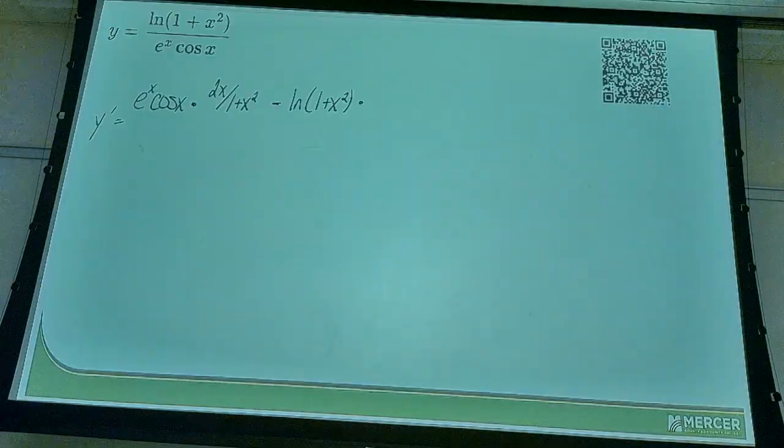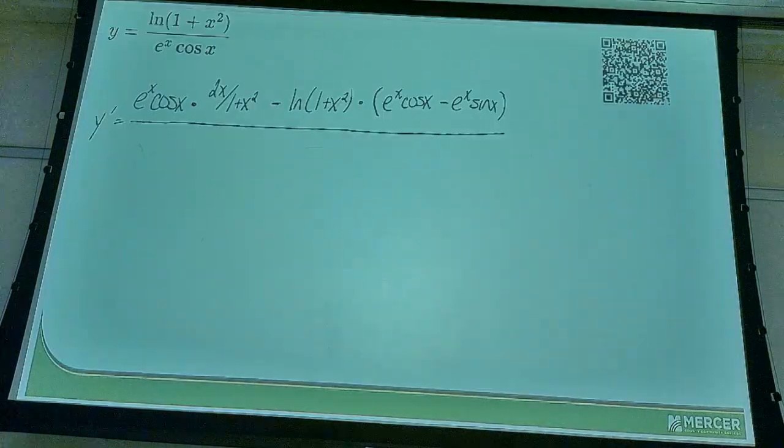Second prime first plus first prime second. Oh, there's an e to the x common. Let's get to that right now.